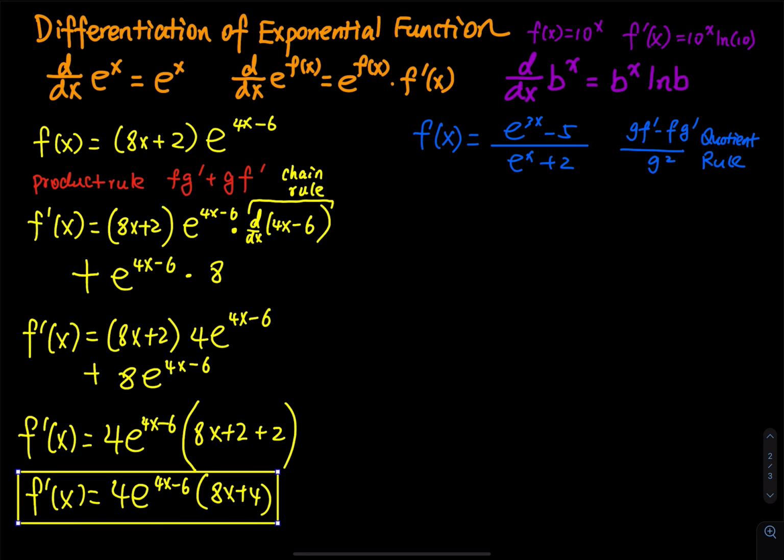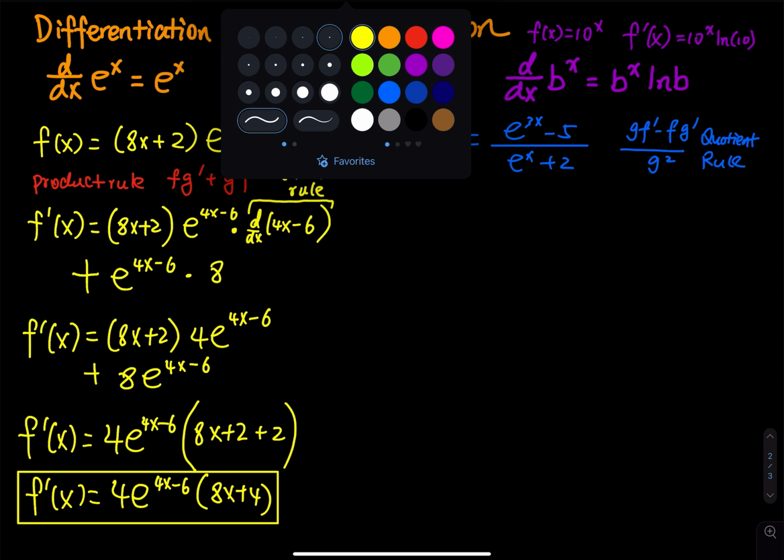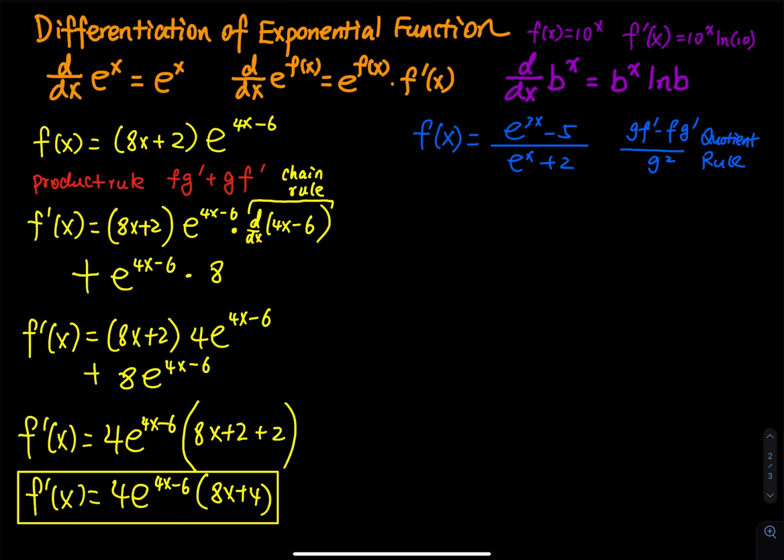First one is done. Let's move on to the quotient. The quotient rule is gf prime minus fg prime, divided by g squared. If you still remember what I said in the quotient rule video, for f prime of x, I always square the denominator first. So that is (e to the x plus 2) squared. Then g, that is e to the x plus 2, and then the derivative of f.